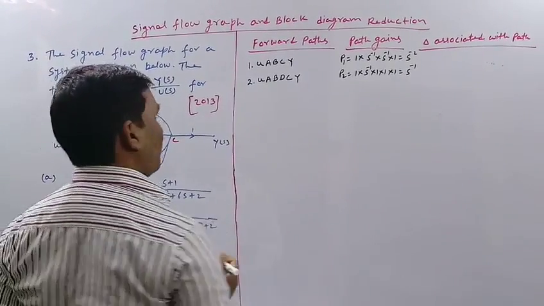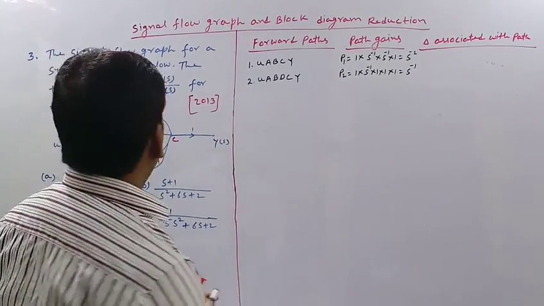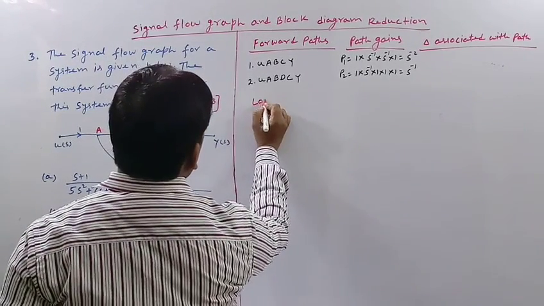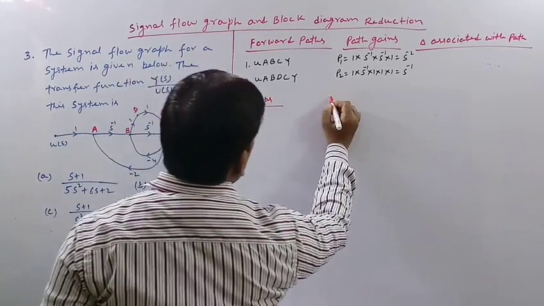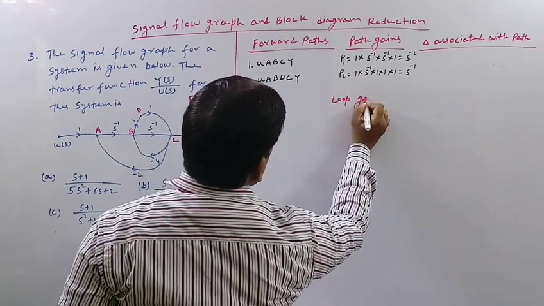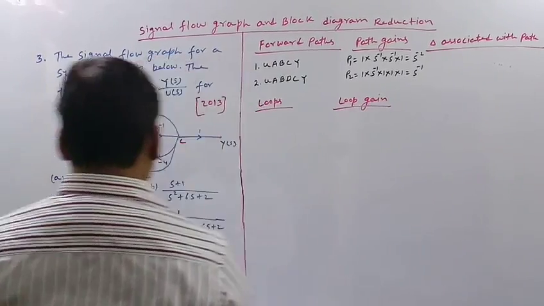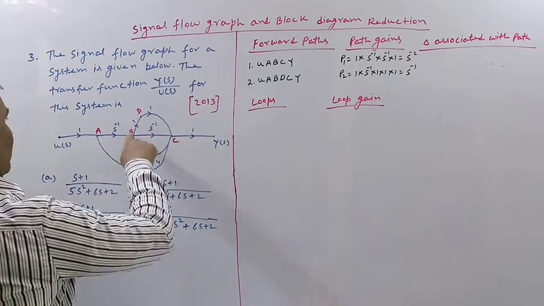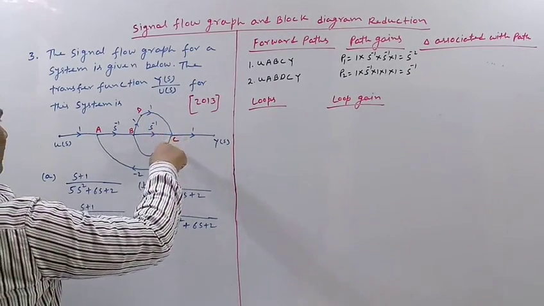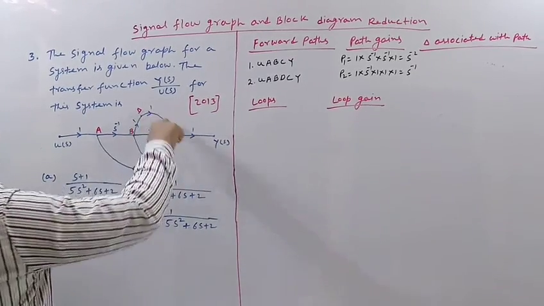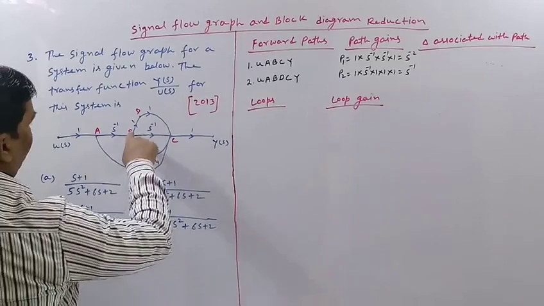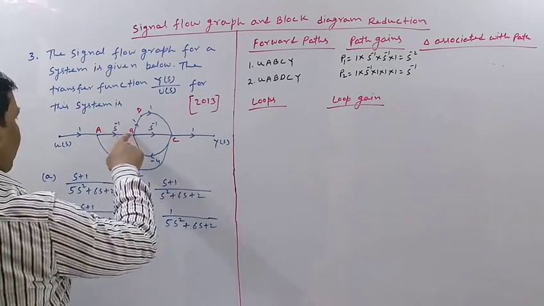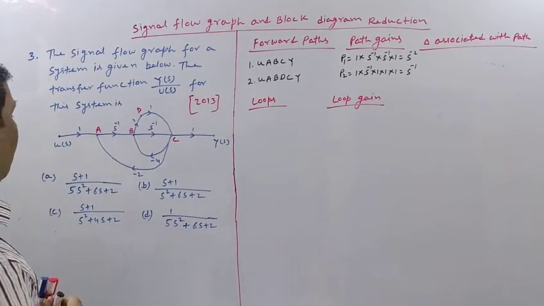Let us find out the loops. What are the loops in this signal flow graph? Let us write the loops and the loop gains. The first loop is B, D, C, B. The second loop will be B, D, C, A, B. Is there any more loop?